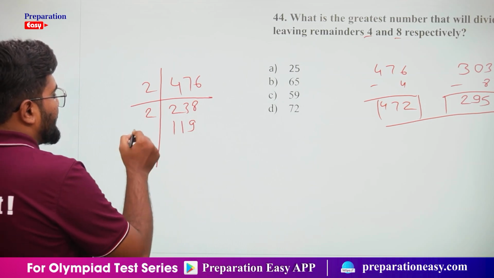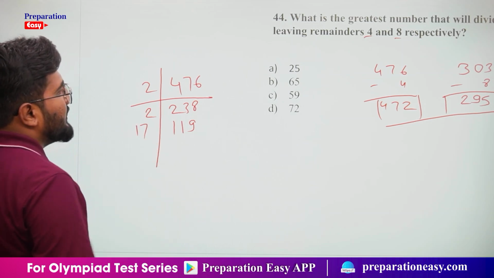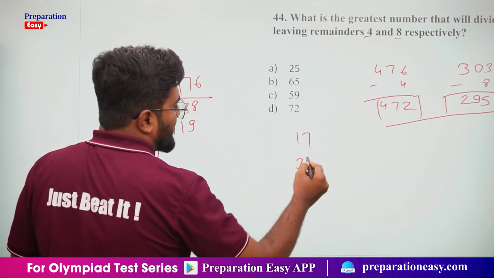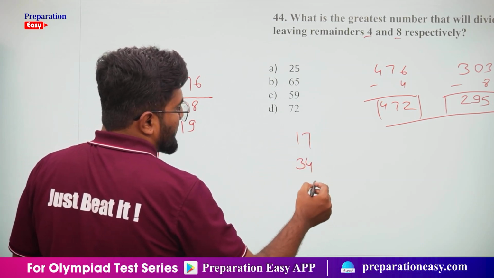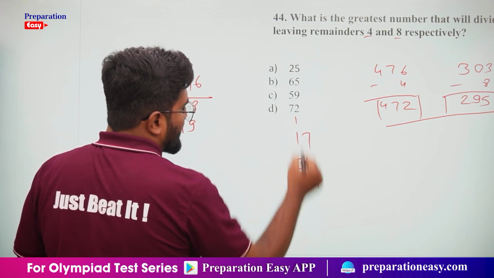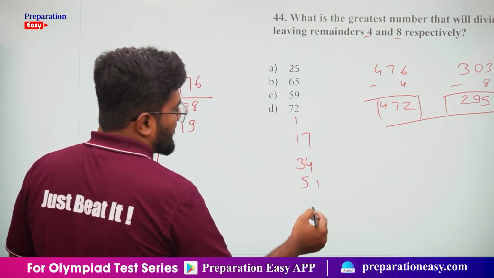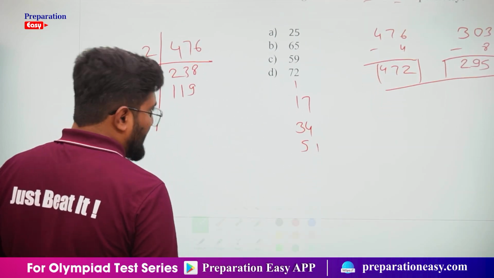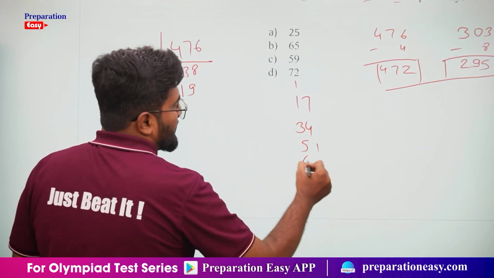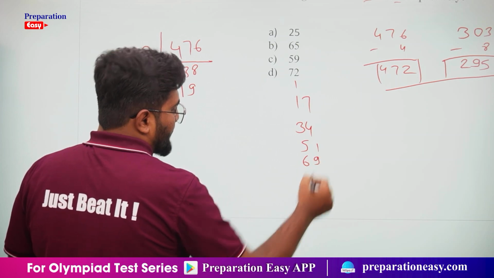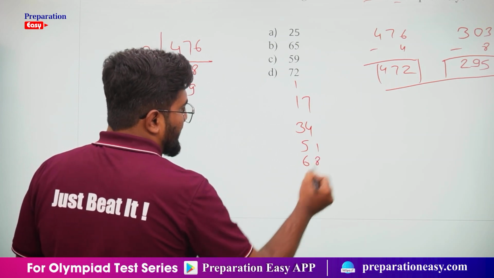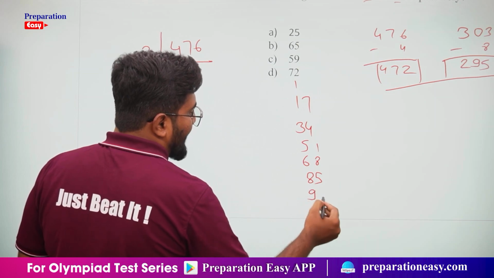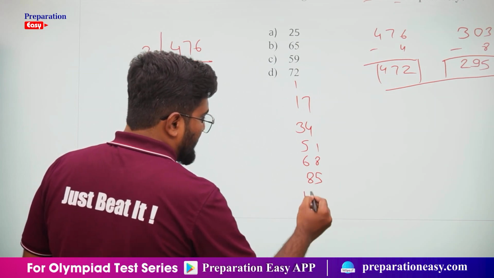Then 17, is it divisible by 17? Let's calculate. 17 1s are 17, 17 2s are 34, 17 4s are 68, then 85, then 102.